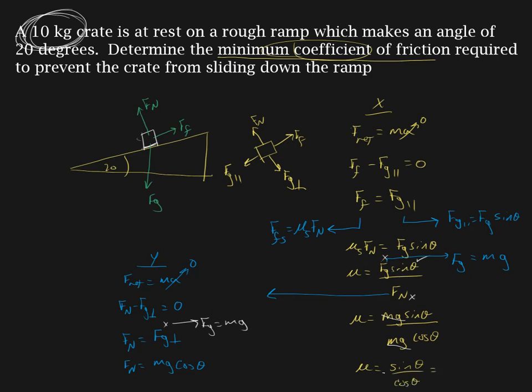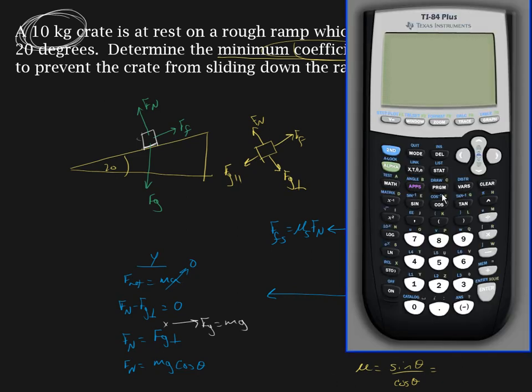And if we put this into our calculator, make sure that we are in degrees and not radians. So what we get is the sine of 20 degrees divided by the cosine of 20 degrees. And that's going to be 0.364.